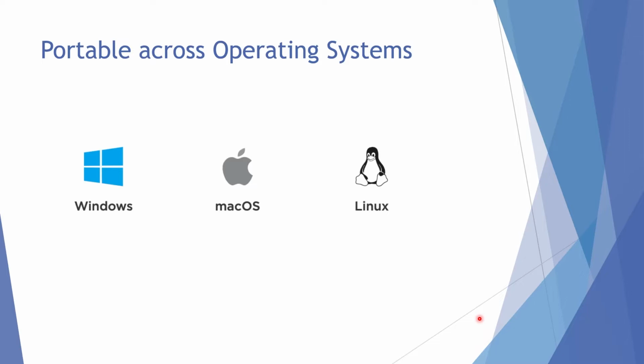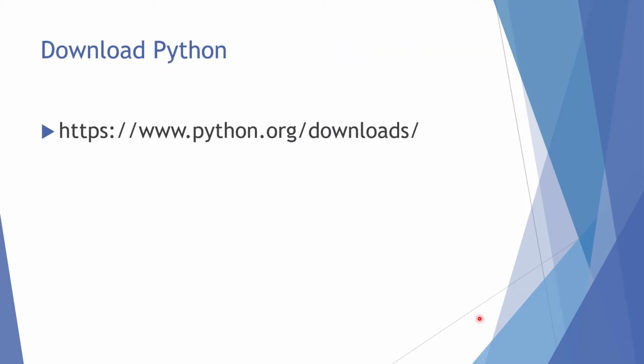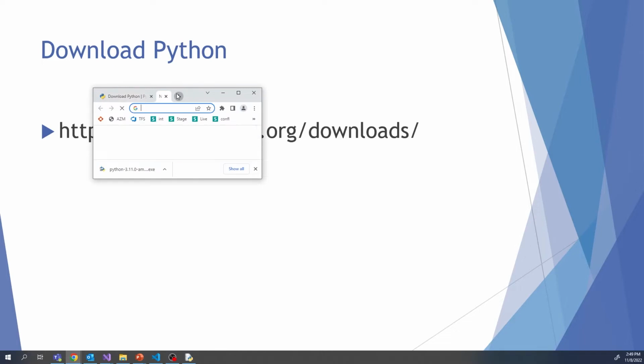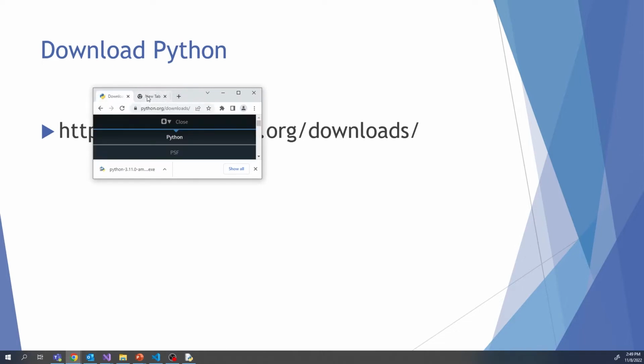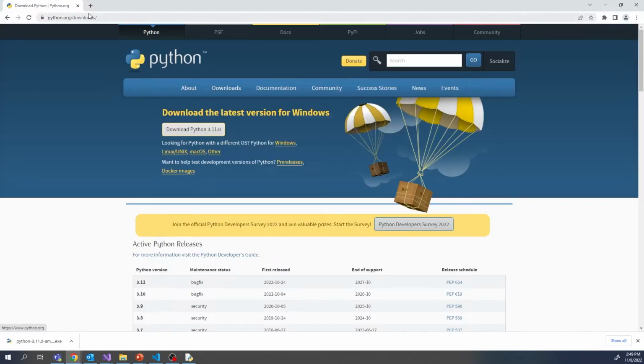In this video, I will be using the Windows installer. The Python Windows installer can be downloaded from python.org/downloads. If we open this link, we will get to this website. And here we have the Download Python button. In my case, I will download the Windows version, but if you are on another operating system, please download your version.